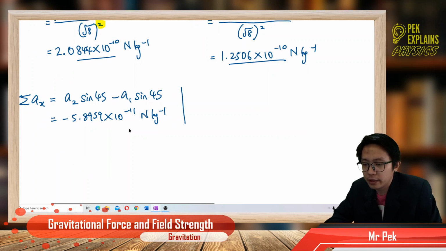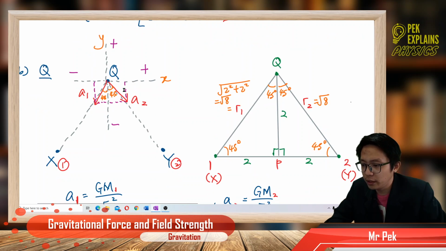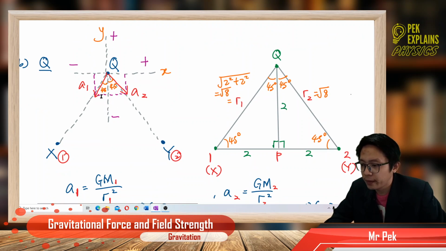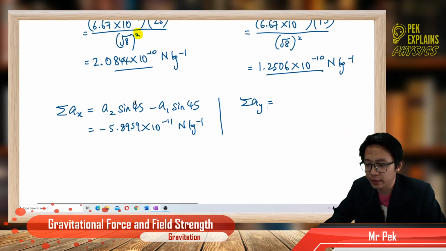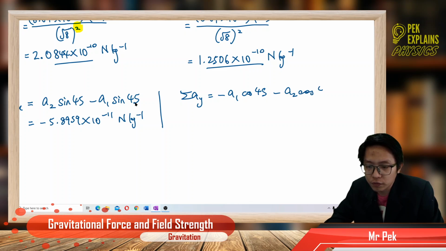Now Ay. Total Ay, the y component, we have negative A1 cos 45 and negative A2 cos 45. Yes, that's it.